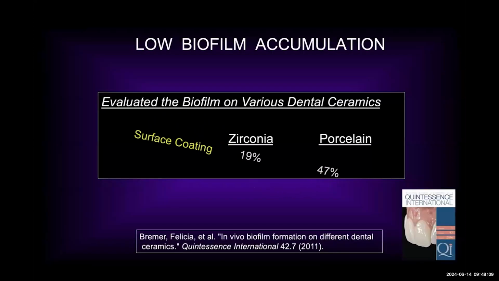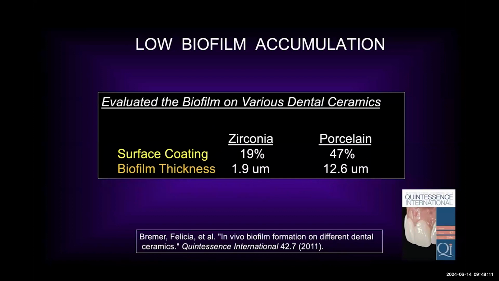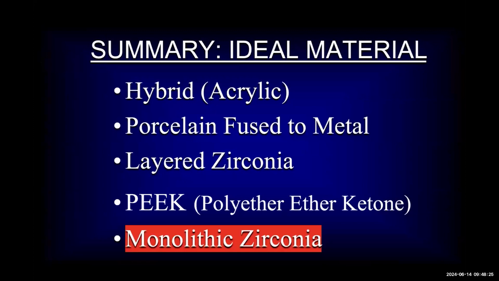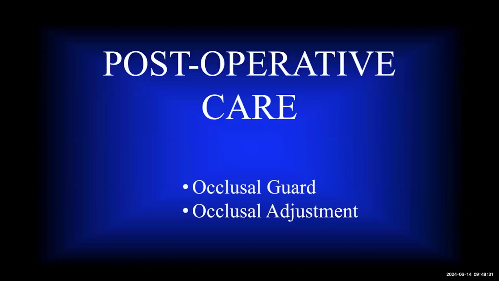If we look at peri-implant disease, and the amount of biofilm that actually attaches to it is very, very low. Here, compared 19% to porcelain's 47%, and a mere fraction of the thickness. So this material is definitely the ideal material used today. Nothing better than that. And that's what I would highly, highly recommend.